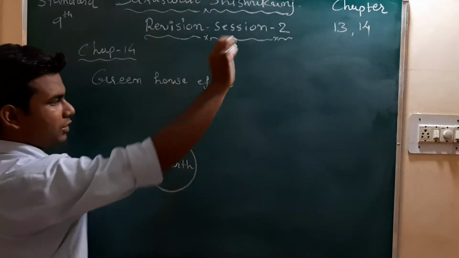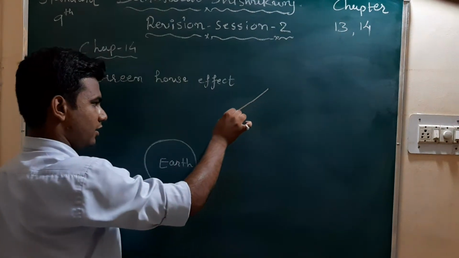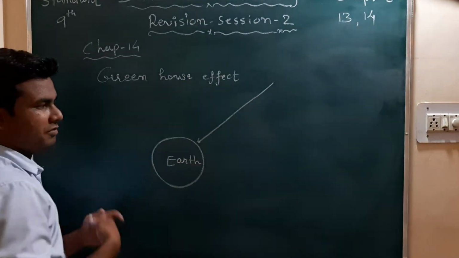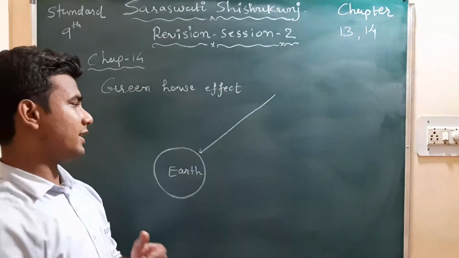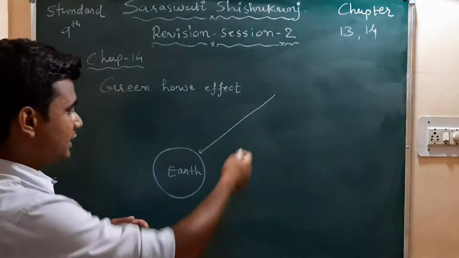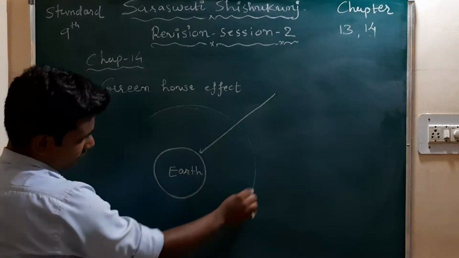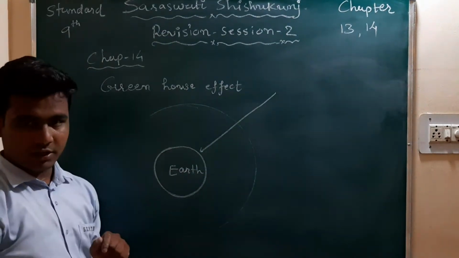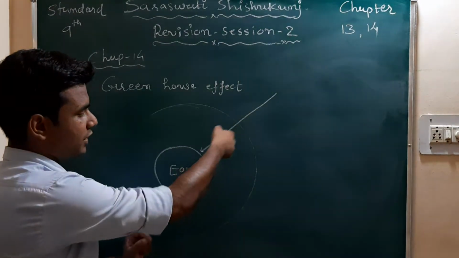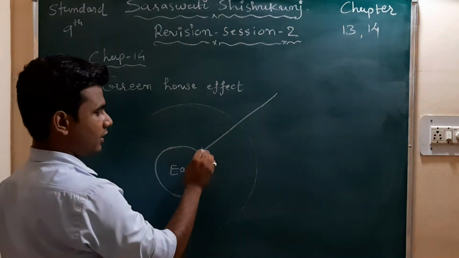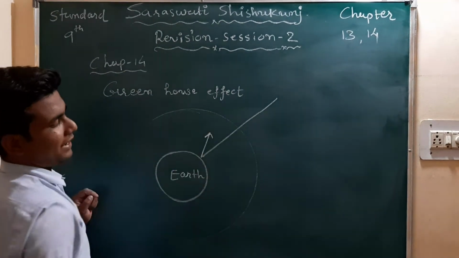We know that from the sun different types of waves, in some cases heat waves, enter into the atmosphere of Earth and try to bounce back. This is our atmosphere range.